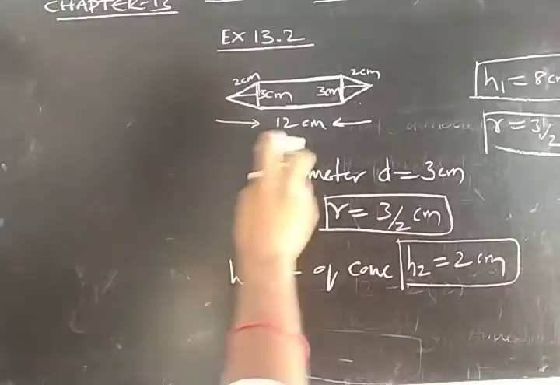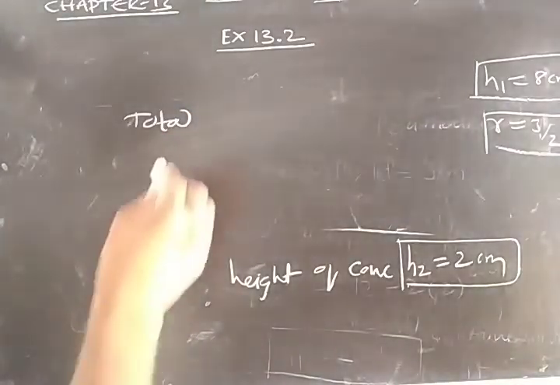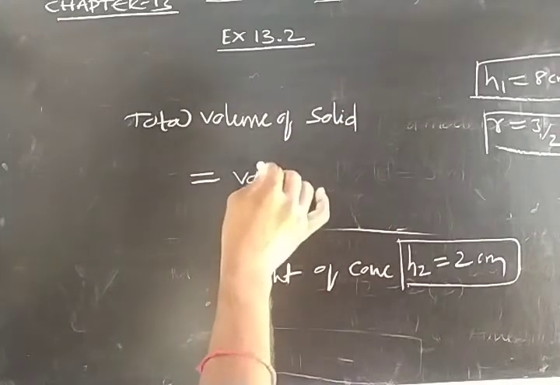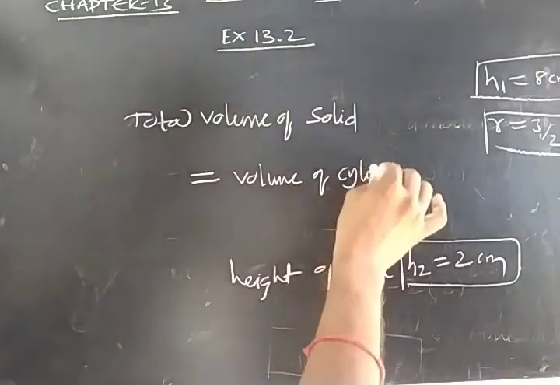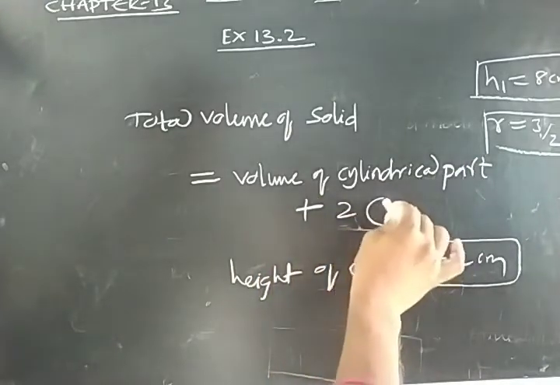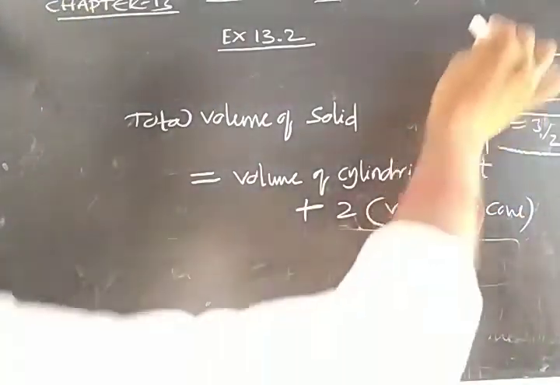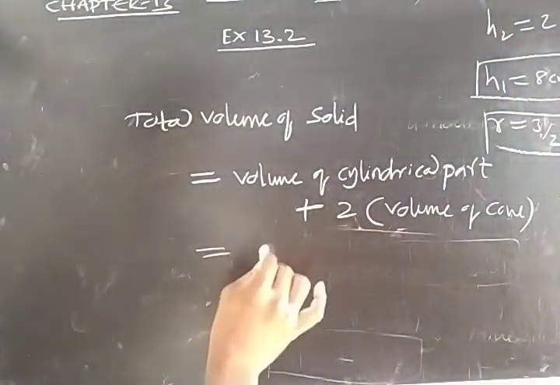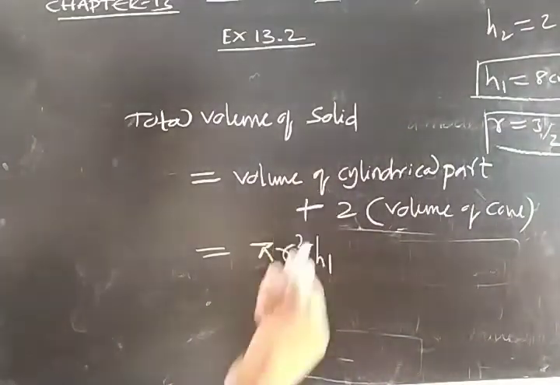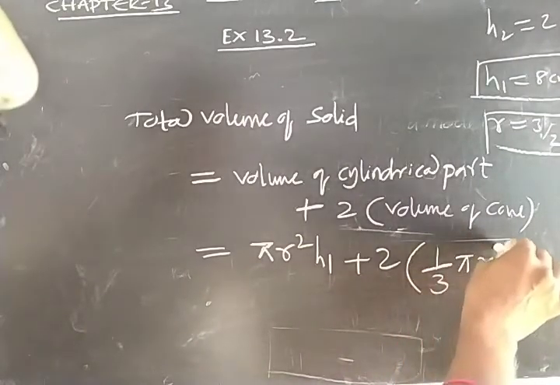Now we are going to find the total volume of the solid. Total volume of the solid is equal to the volume of the cylindrical part plus twice the volume of the cone. The volume of the cylindrical part is pi r square h1, where h1 is the height of the cylindrical part, plus 2 into the volume of the cone, 1 by 3 pi r square h2.